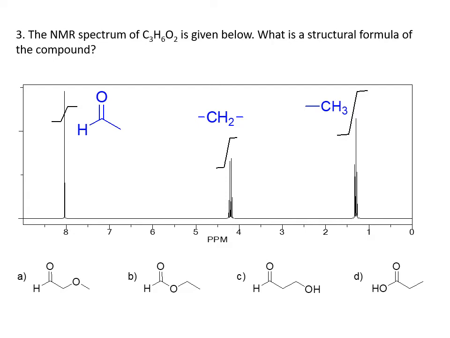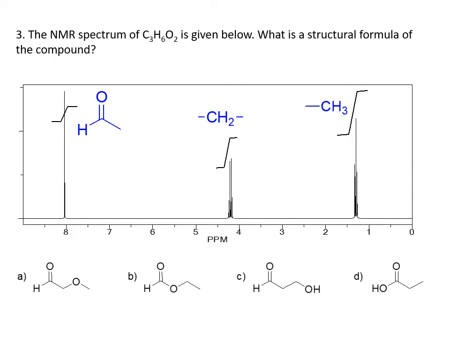B, that one actually fits because we have an aldehyde group, we have an ethyl group, and we have oxygen in the middle. And a chemical shift of around 4.2 for the methylene group indicates that it's a methylene bonded to oxygen. Also, this, what we consider to be the aldehyde proton, has been shifted from about 10 to 8. That's an indication that an electronegative substituent is attached to the carbonyl carbon.